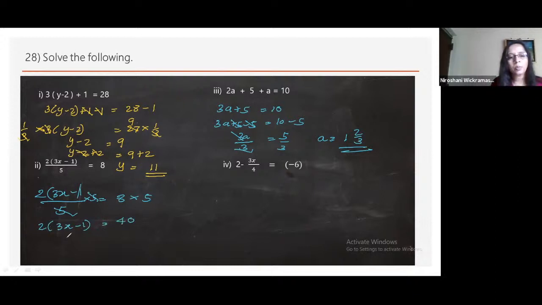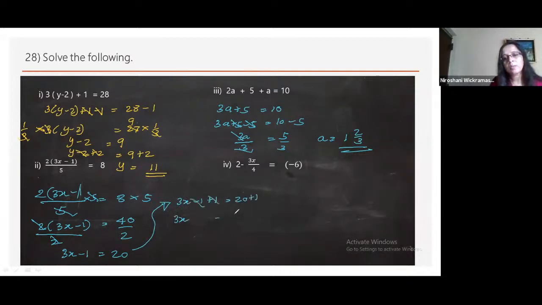Now to get rid of 2, divide this side by 2, this side by 2. 3x minus 1 equals 20. Now, additive inverse of minus 1, plus 1. 3x minus 1 plus 1 equals 20 plus 1. 3x equals 21. Divide this side by 3, this side by 3. x equals how much here? 7.